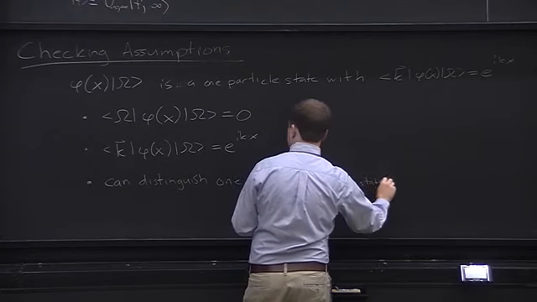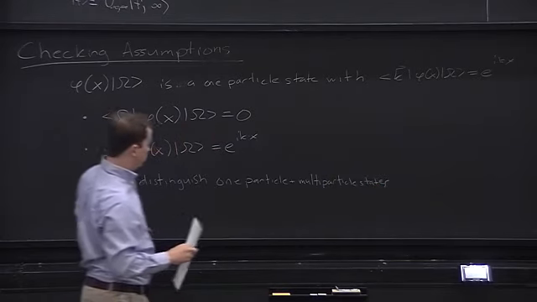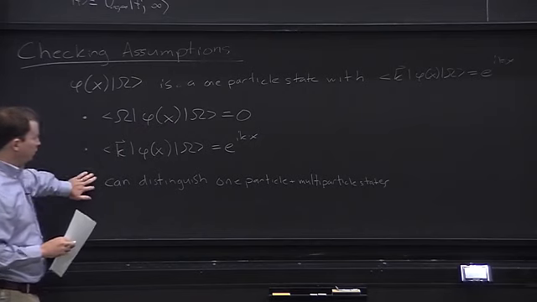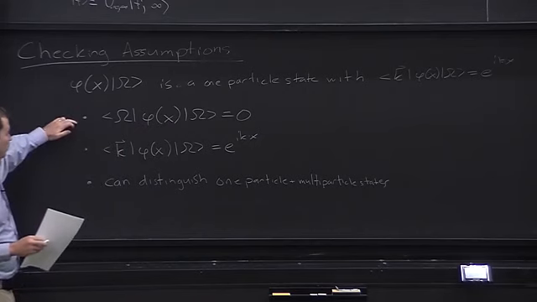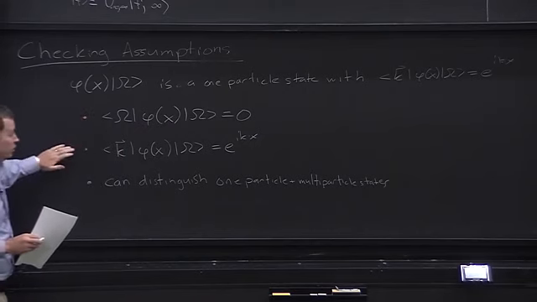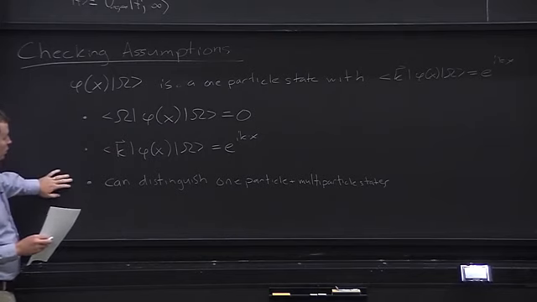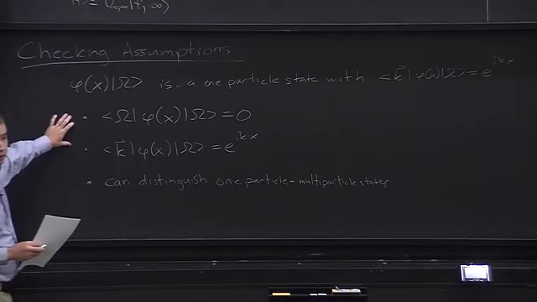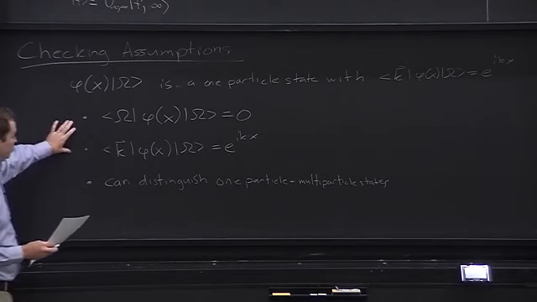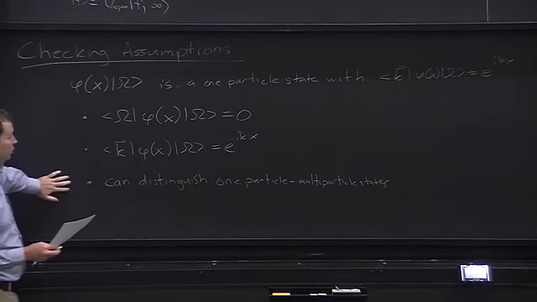And I won't write an equation for this one yet. We'll come back to that when we consider this point. So I'd like to consider each of these points one at a time to see whether they're reasonable assumptions or whether we can make them work in general.